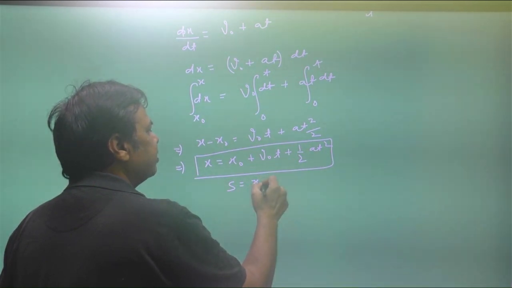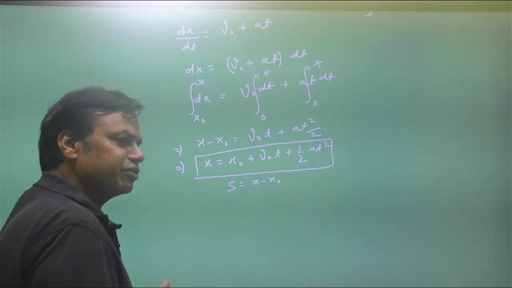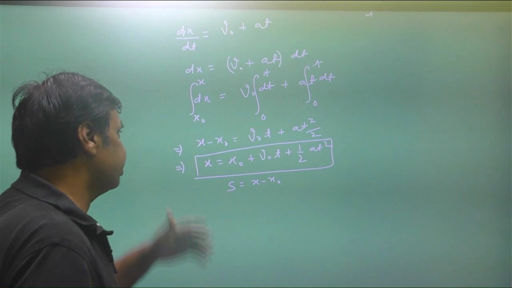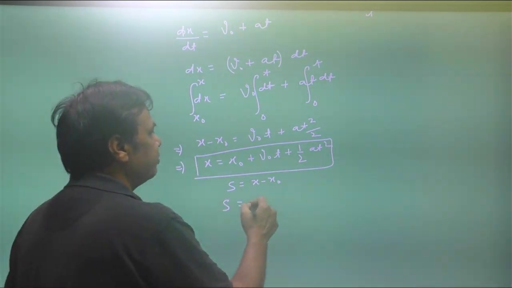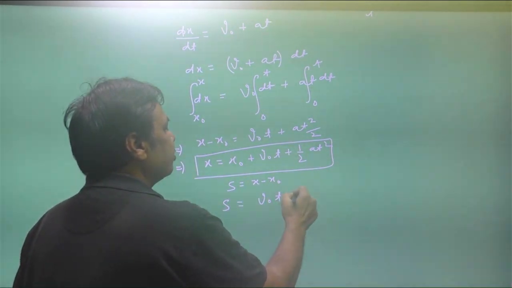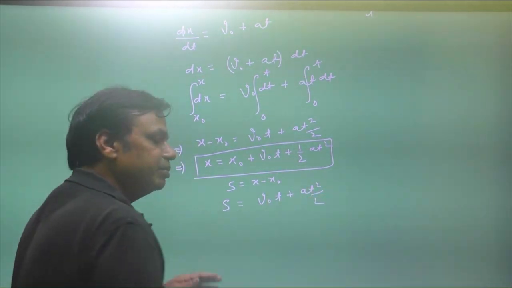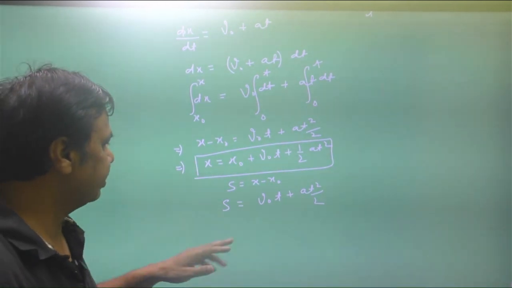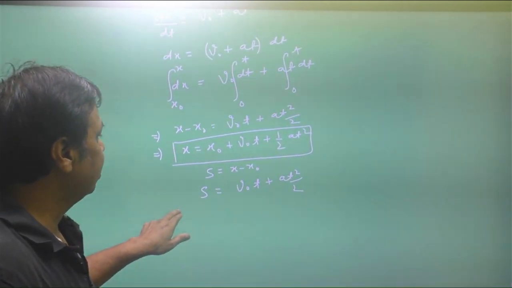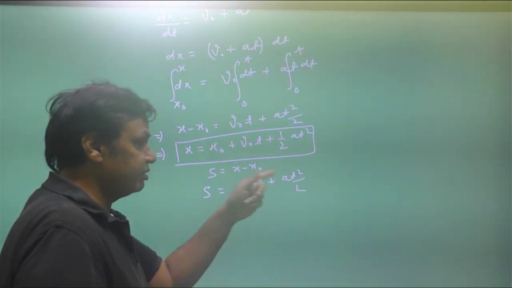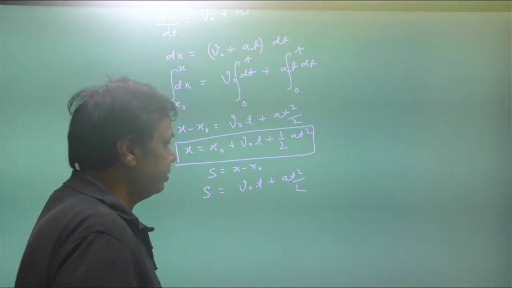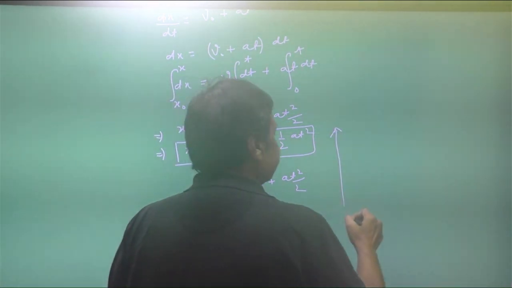If you replace x minus x naught simply by s, then the equation you get here is s equals ut plus half a t square, that is v naught t plus half a t square, and like this you can draw s in terms of t like this.